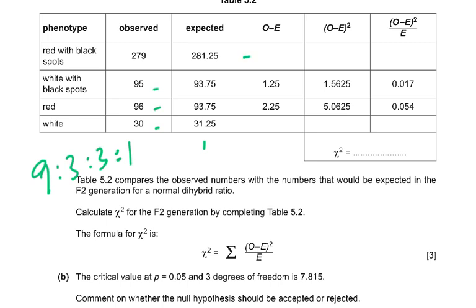So this would be minus 2.25, and O minus E whole square would be 5.0625. Then O minus E whole square over E will be 0.018. You must see it's in 3 decimal figures, so you all must do that. And then the white one, 30, 31.25, O minus E will be minus 1.25.